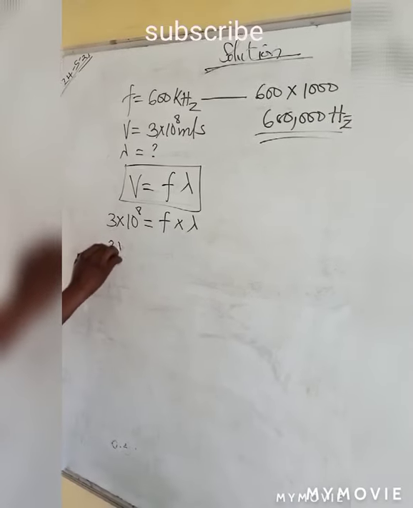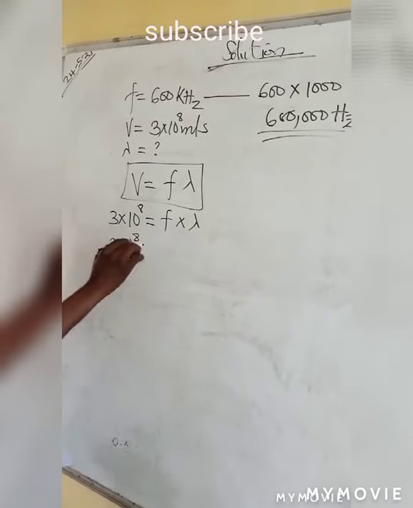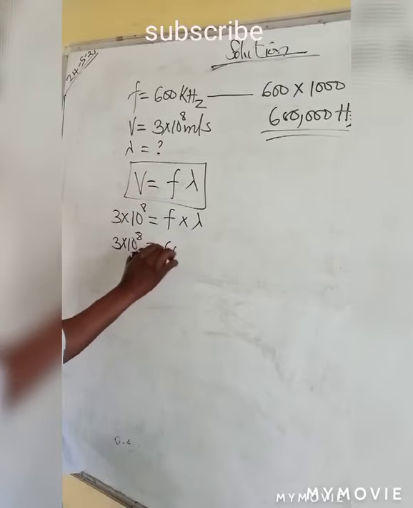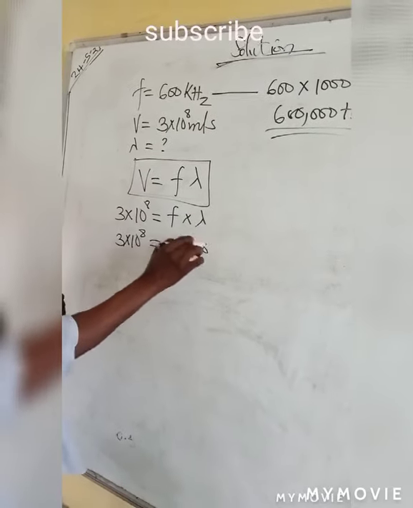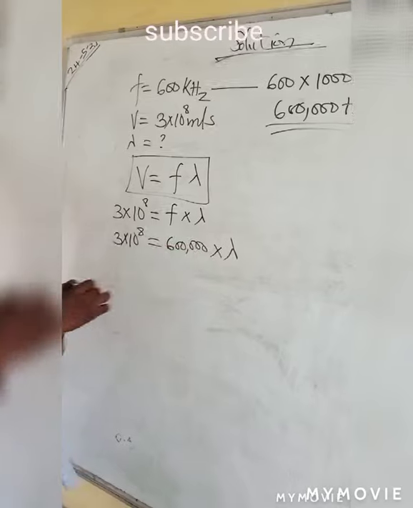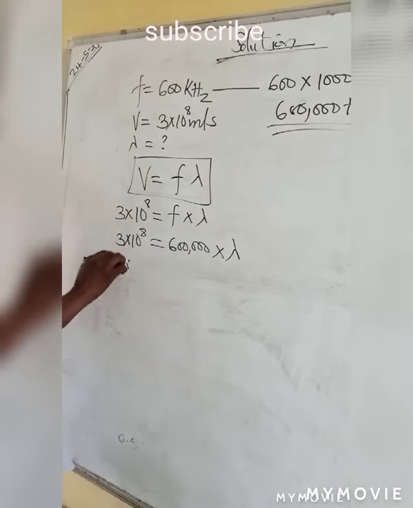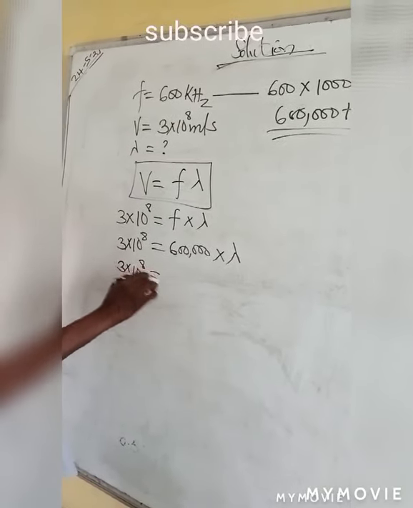It is that new value that is going to be put into the place of frequency in the formula. It will now be 3 times 10 raised to the power 8 equals 600,000 times wavelength.